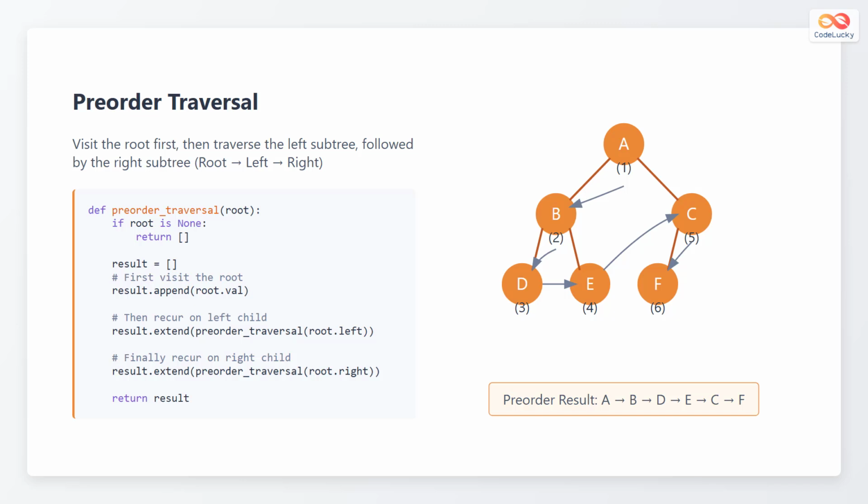We then visit the root by appending its value to the result. Next, we recursively traverse the left subtree and extend the result. Finally, we recursively traverse the right subtree and extend the result again. The visualization illustrates the sequence in which the nodes are visited during a preorder traversal, resulting in the sequence A, B, D, C, F.